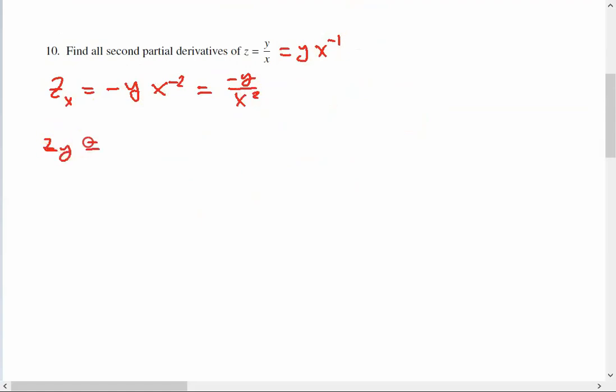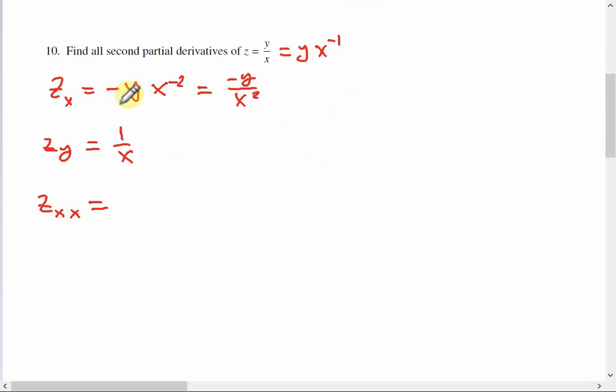And then the partial with respect to y, again, if you want, I can just do it here because the derivative with respect to y just ignores the x, and so I just get the derivative of y as 1. So I just get 1 over x. Okay, then I want the second partial, so let's do the second partial with respect to x.